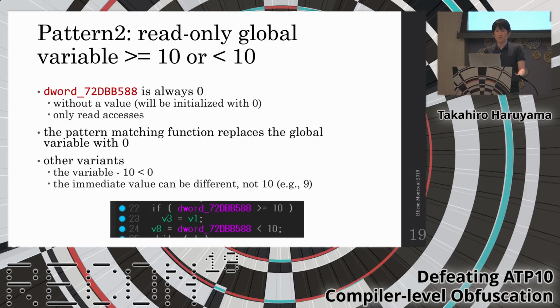The global variable is always 0 because it is initialized with 0, and it has only read accesses. So the pattern matching function replaces the variable with 0. And there are other variants like this, and the immediate value can be different, for example 9.